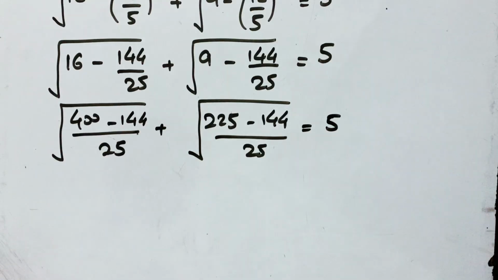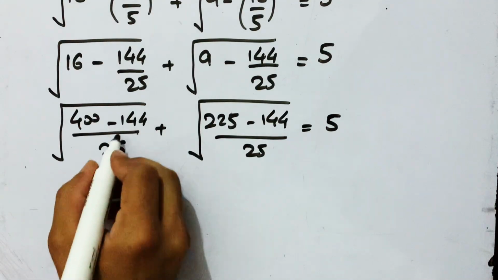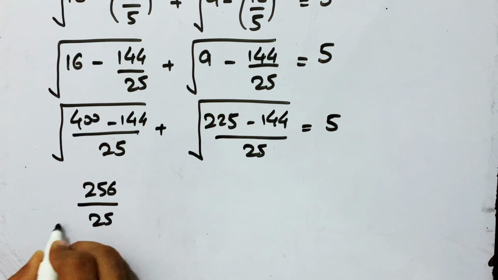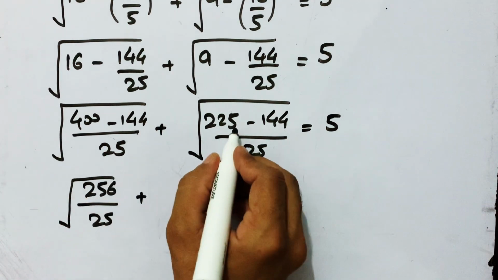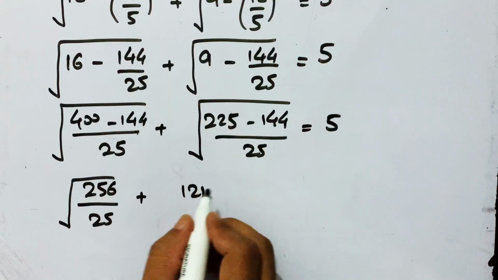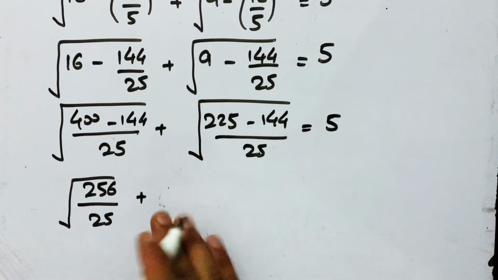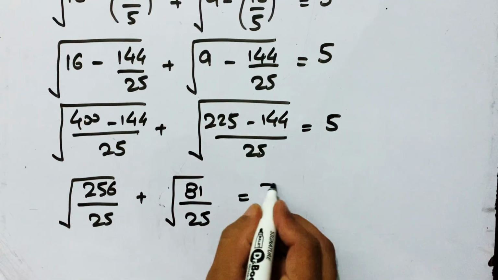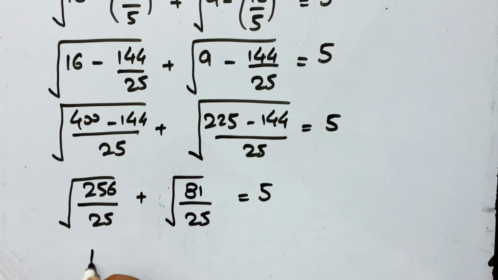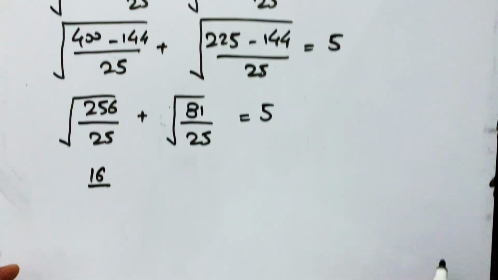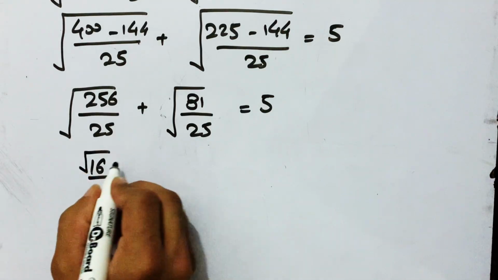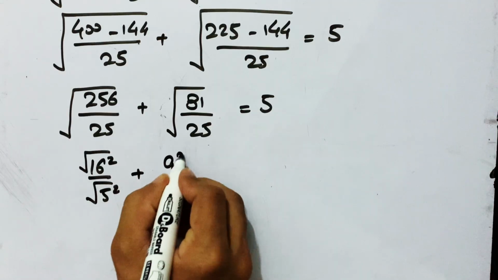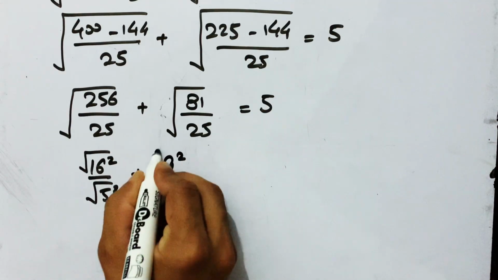So 400 minus 144 is 256, so 256 divided by 25 square root, plus 81 divided by 25 square root, is equal to 5. So this is equal to the square root of 16 square divided by 5 square, plus 9 square divided by 5 square.